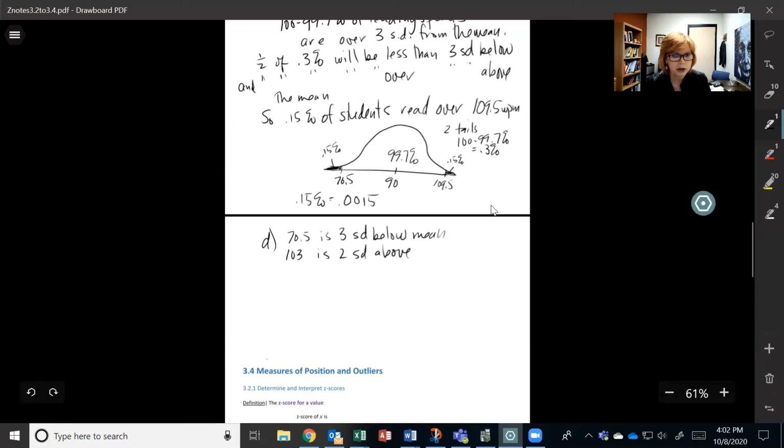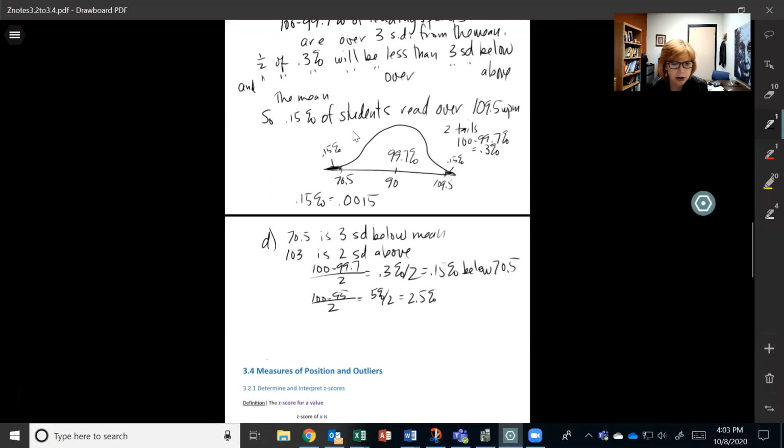So there's 100 minus 99.7 over 2, which is 0.3%, or I'm sorry, over 2. This is 0.15% that are going to be below 70.5. And then my 103, that's 2 standard deviations above, and with 2 standard deviations, 95% are in the middle. So 100 minus 95 over 2, which is 5% over 2, which is 2.5%. 2.5% are going to occur above the 103.